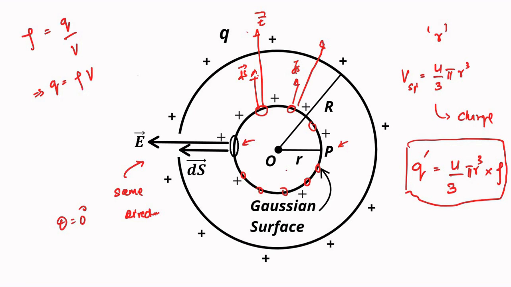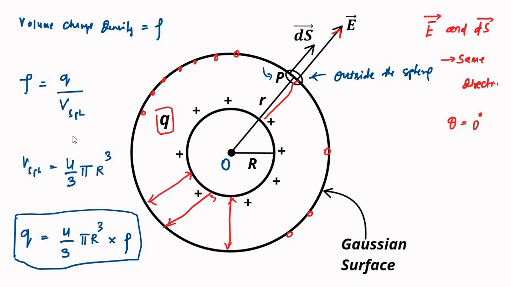Rho is equal to q by 4 by 3 pi R cube, that is the volume charge density.